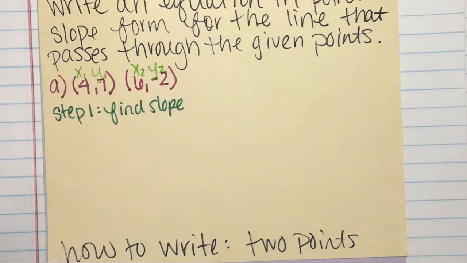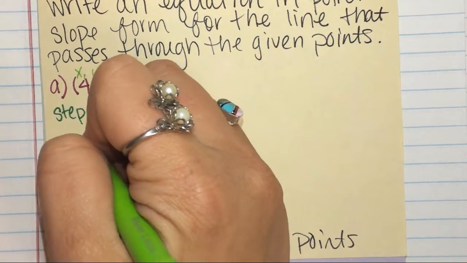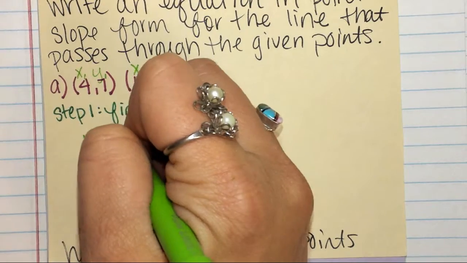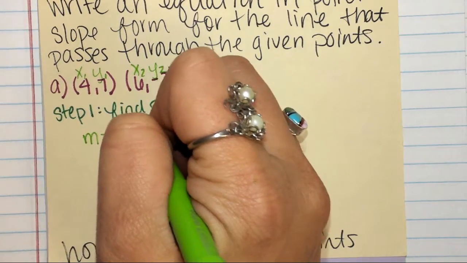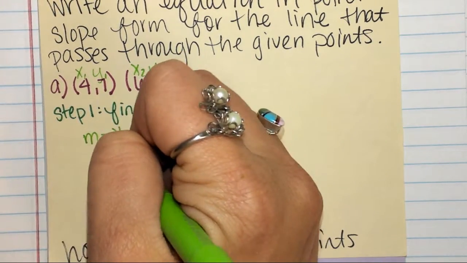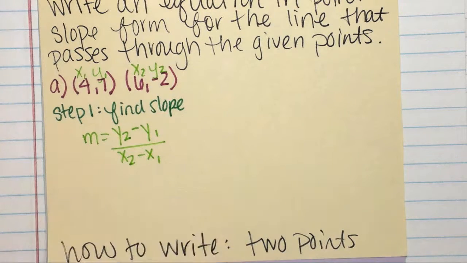Watching y'all do slope and grading some of your tests that I've started on, it's depressing, so I had to stop. We're going to practice finding slope again. Y2 minus Y1 divided by X2 minus X1. It's not that hard. That's what you do every single time.